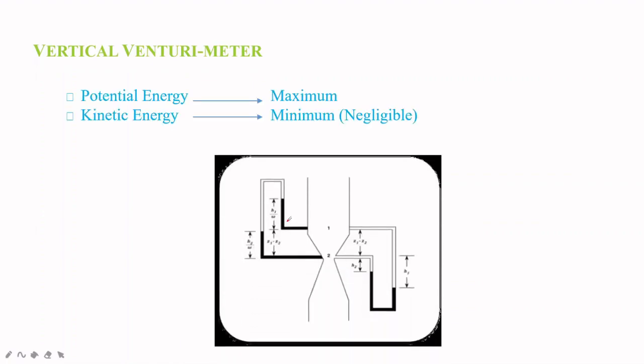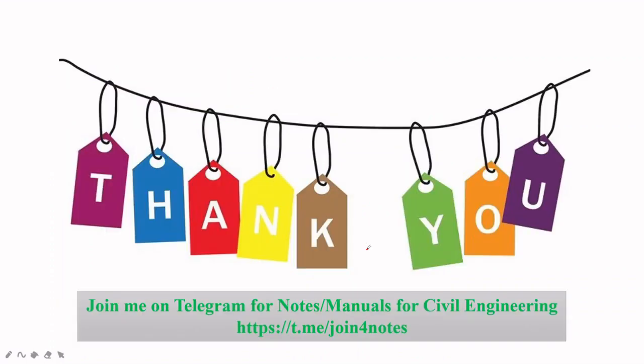In this case the potential energy is maximum and kinetic energy is minimum, because the venturimeter is vertical. The formula for Q remains the same; we only change some of the terms with respect to the condition of the problem. So here I conclude my lecture on the venturimeter, and we'll see the problems in our next class. Thank you, have a good day ahead.